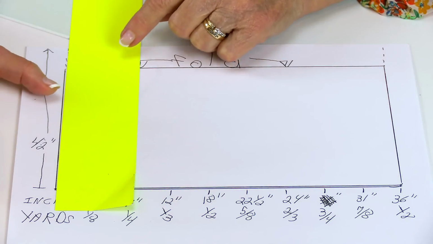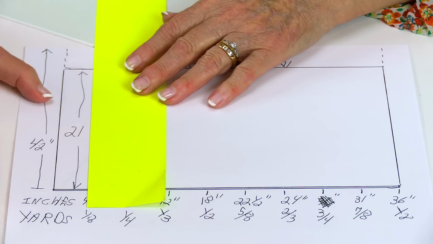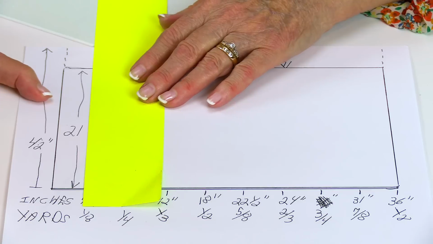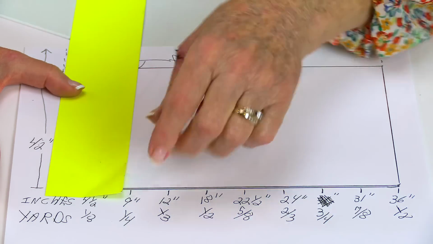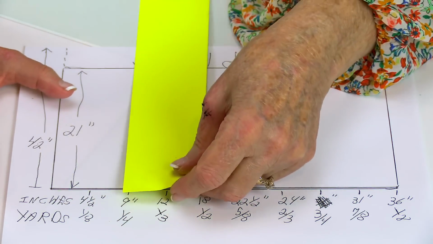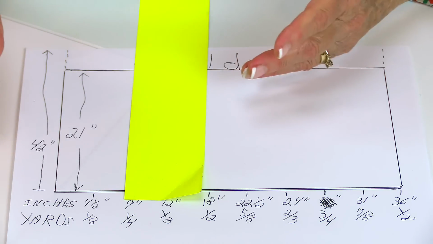But if you need it longer than the 42-inch width that this particular piece of fabric is, it's not going to work. So a suggestion is that you could get double the width. In other words, you would cut a second piece, then stitch those pieces together. But maybe whatever you're making, you don't want a seam in the middle of it.